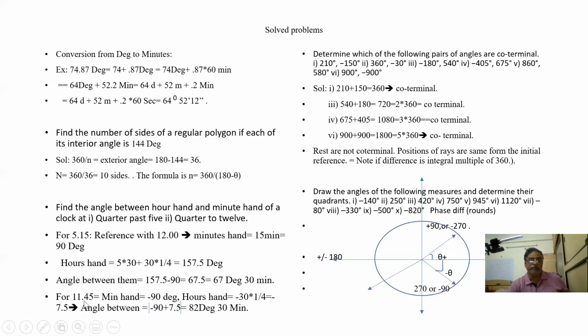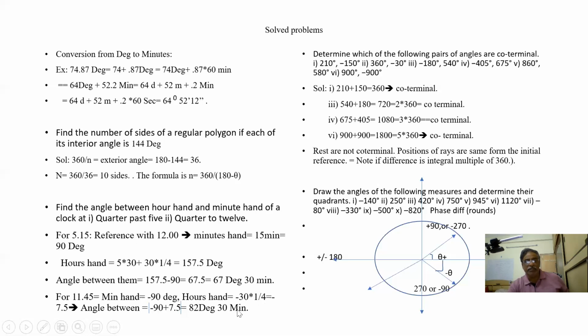Suppose 11:45. If you take it on the negative side, the minute hand is at 45, which means minus 90, in the reverse direction. So what is the hour hand? The hour hand is minus 30 into 1 by 4, because 11:45 is almost 12.